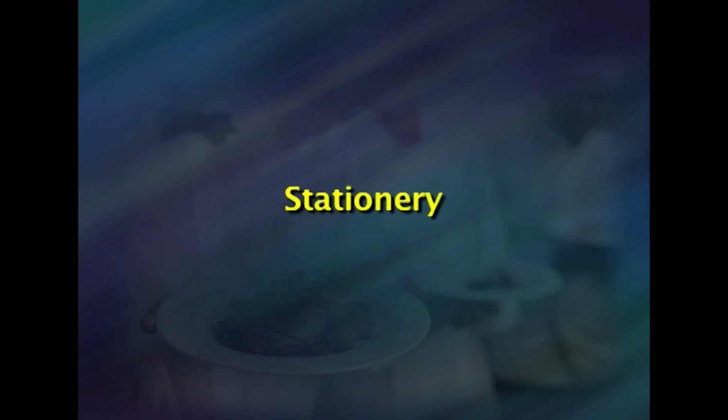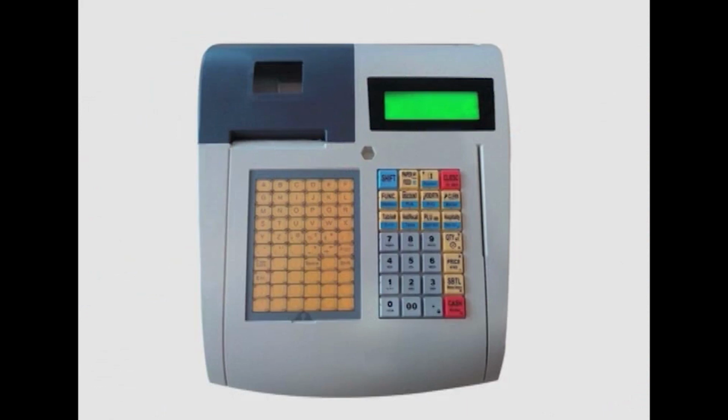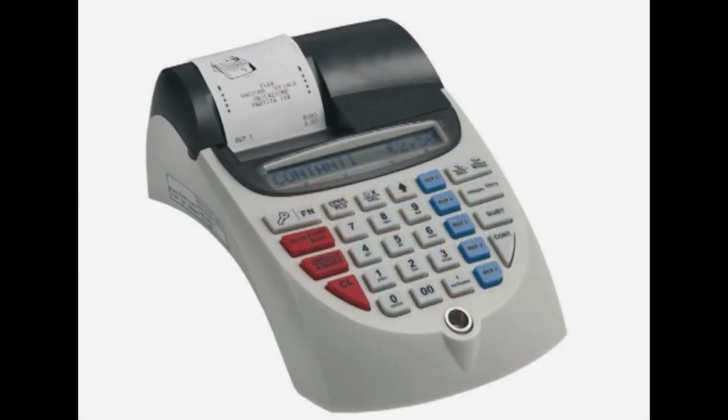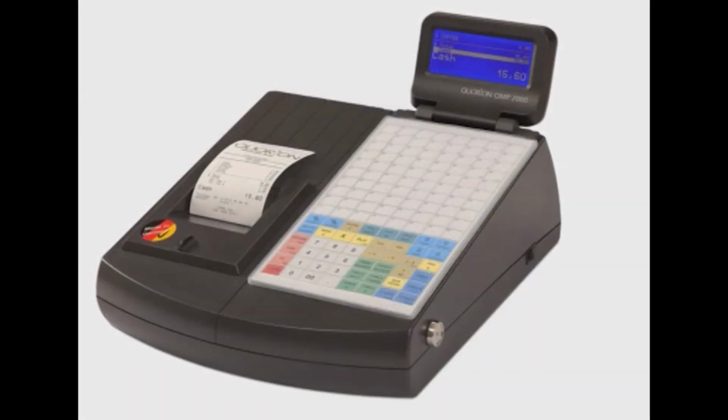Next one is stationery. Many food services use unnecessary paper supplies and stationery. This can easily be controlled by the appropriate equipment. For example, installation of an electronic cash register helps to do away with unnecessary stationery. The initial equipment cost will increase, but in the long run costs would fall through control of stationery use.